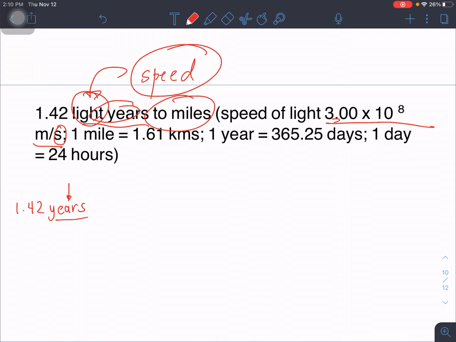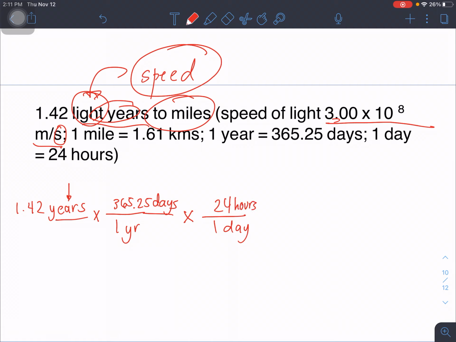So years will be multiplied by 1 year is equal to 365.25 days, and every day you have 24 hours, in every hour you have 60 minutes, and every minute you have 60 seconds.